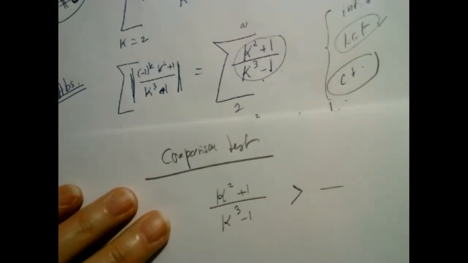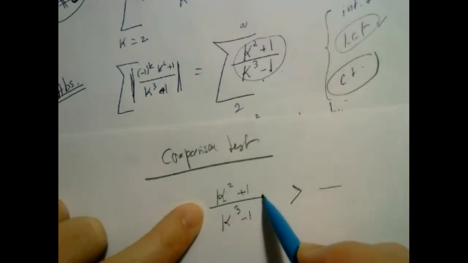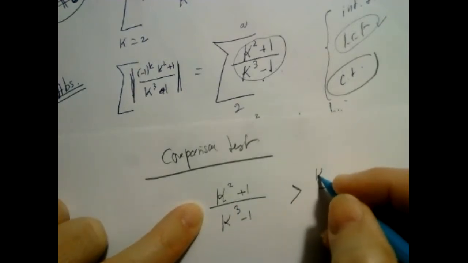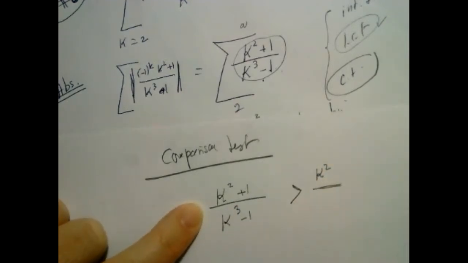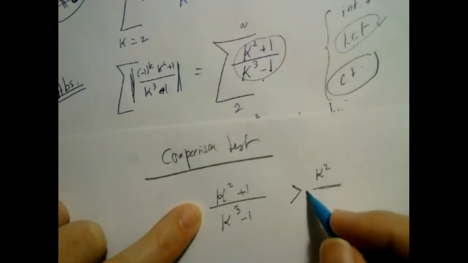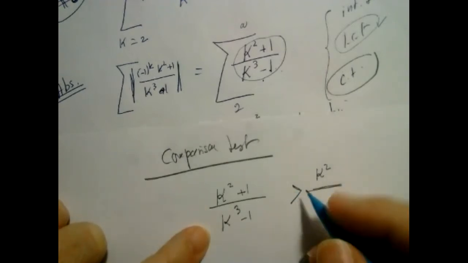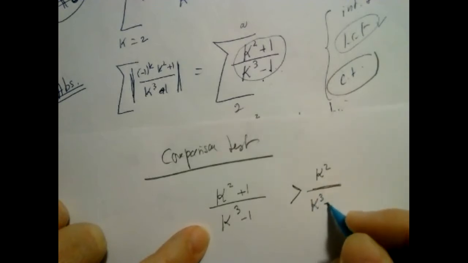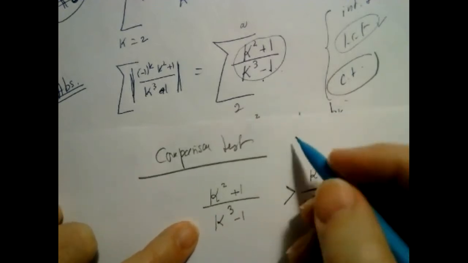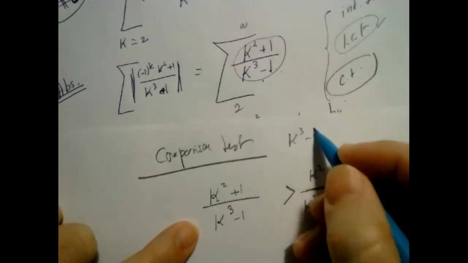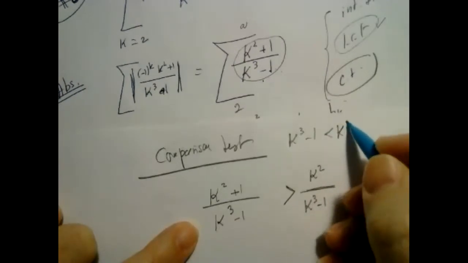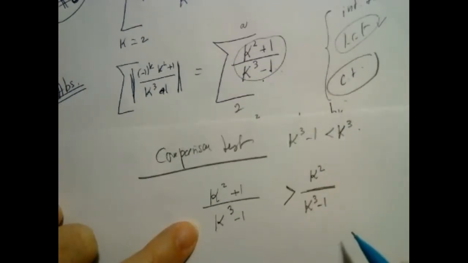So let's see how we can do it. k squared plus 1, the numerator, is larger than k squared. Am I right so far? Very good. Now this is k cubed minus 1. Now let's see. k to the power 3 minus 1 is basically less than k to the power 3.